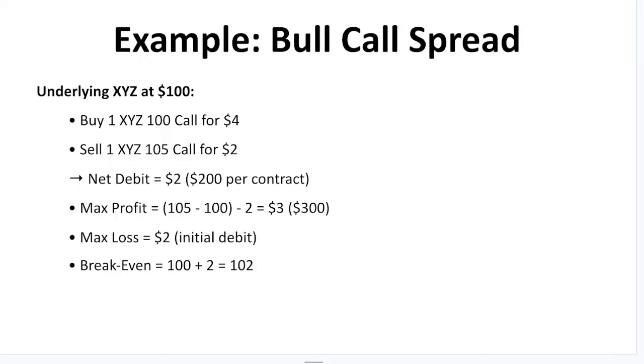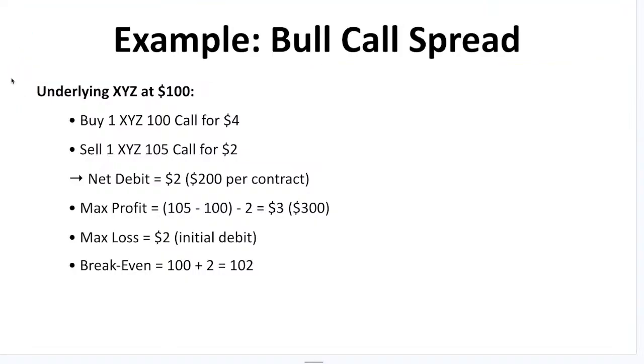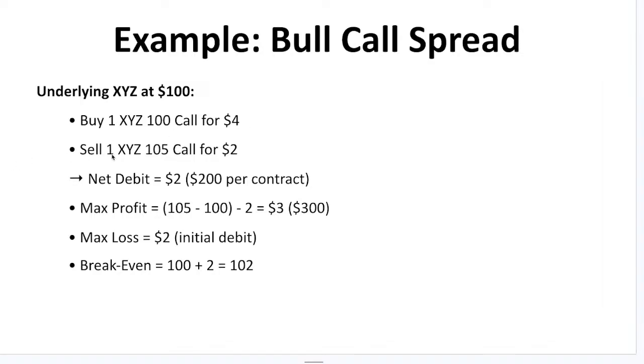Okay, let's do some examples. Example, bull call spread. As the name says, bull means upward movement, call is the direction, you buy a call, right? And spread. The underlying is XYZ. This XYZ is just an example, it's not representative of any stock symbol. You buy an XYZ call at $4, right? If you sell an option, that means you collect premium.